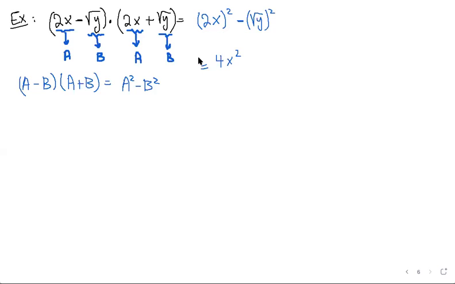So 4x squared minus, what is the answer for this one? It's not y. It is close to y, but it's not y. Not minus y.